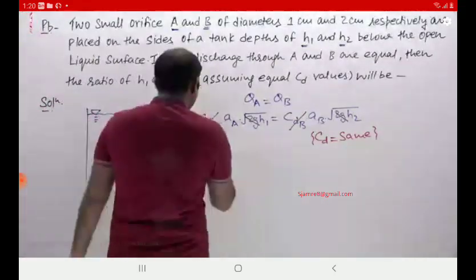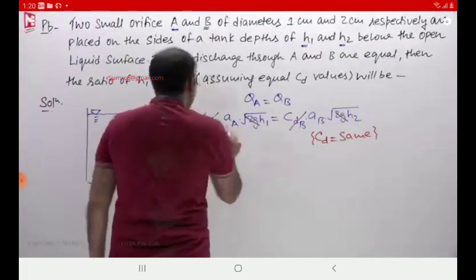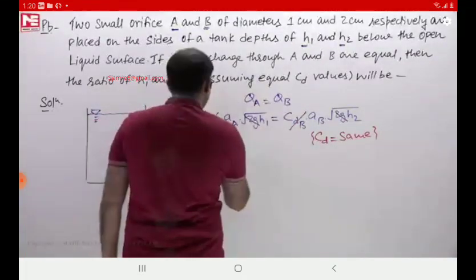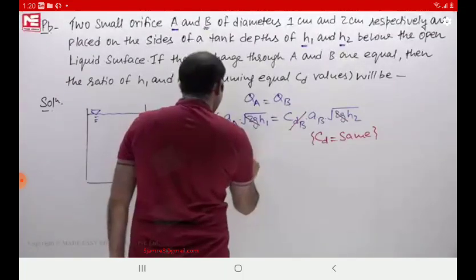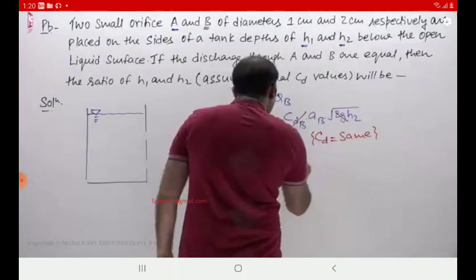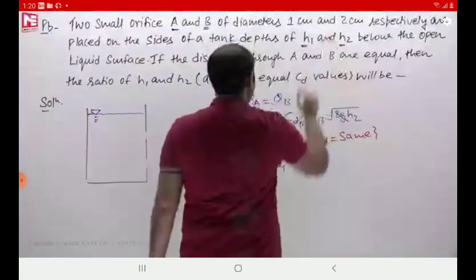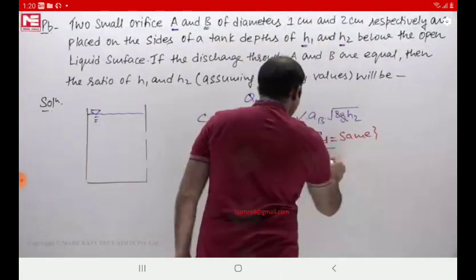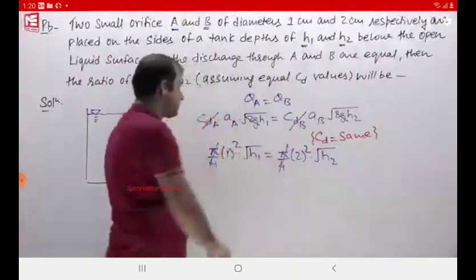Now if you look here, this is pi by 4 and this is 1 squared multiplied by root of H1. Pi by 4, this is 2 squared multiplied by root of H2. This cancels.